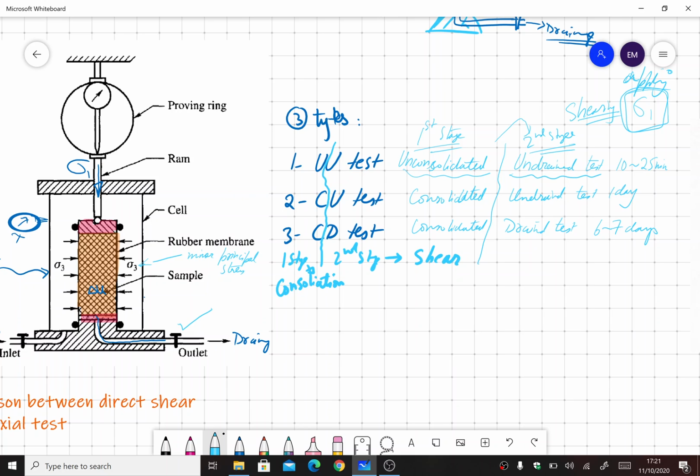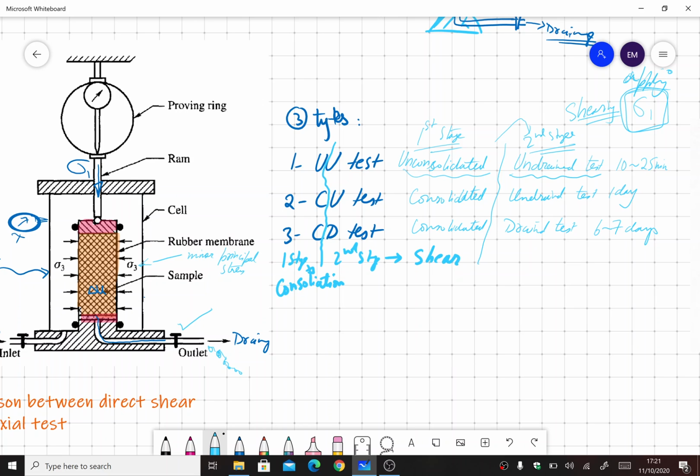Because we know that sigma 3 is also a confining pressure, that would definitely result in an increase in pore pressure. So we will wait for all the pore pressure developed due to sigma 3 to dissipate, and once no more water is coming out of the drain, we say consolidation has occurred under the load of sigma 3, and then we move to the second stage of the test, that is the shearing.